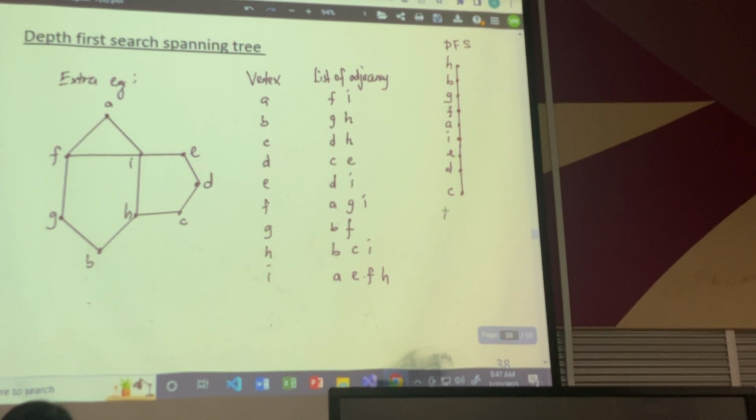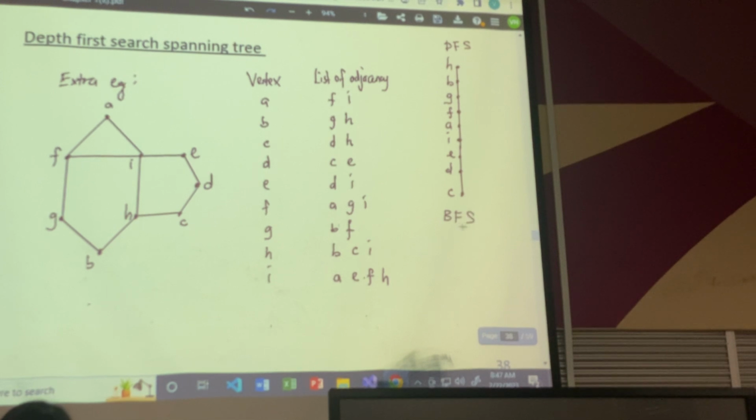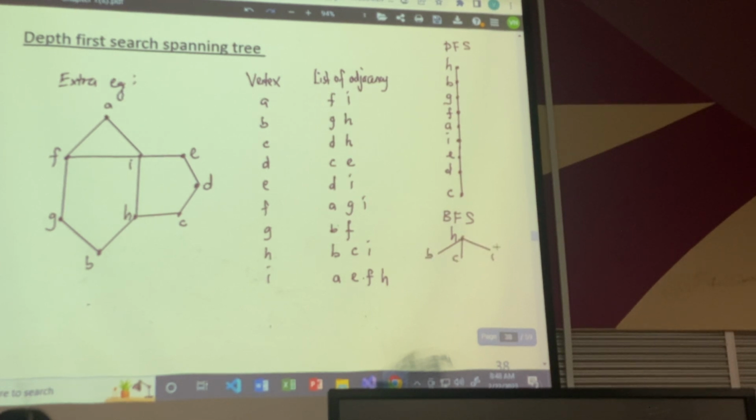How about the breadth first search? If we choose H also, H will be connected to B, C, I. All connected here. Then you go to the left hand side first.